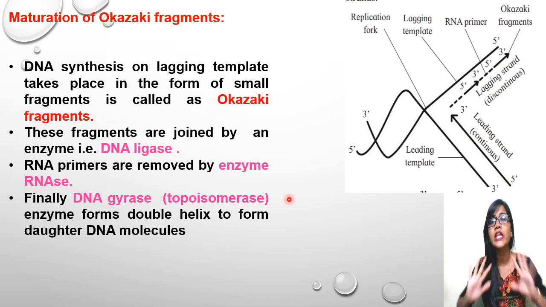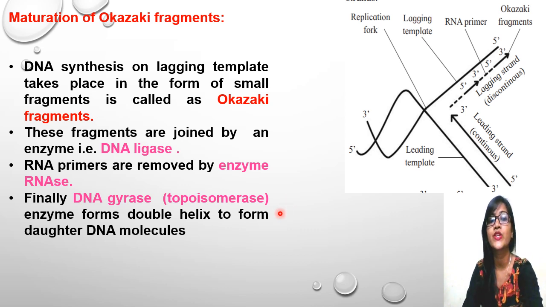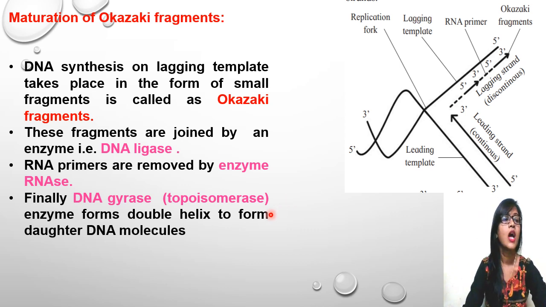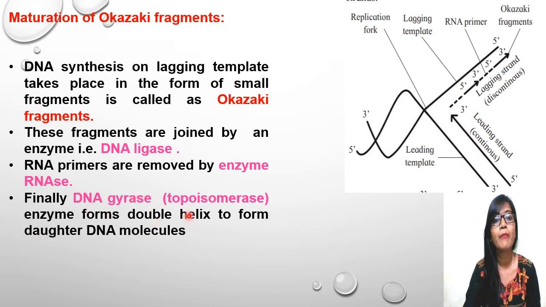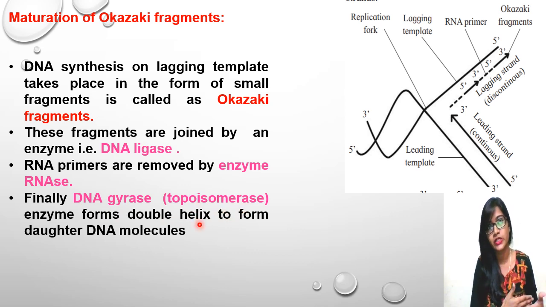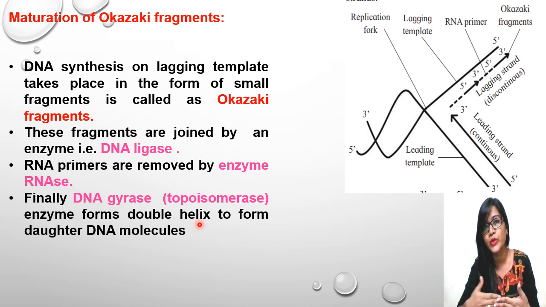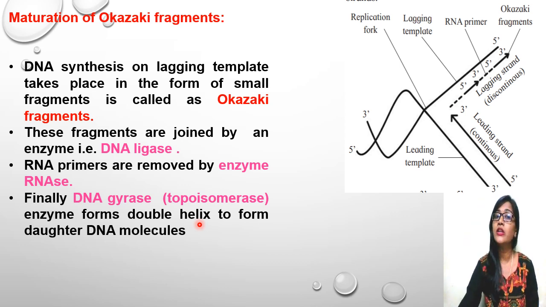So to release that strain, these topoisomerases or DNA gyrases are very important. Because of this group of enzymes, DNA replication occurs very smoothly, very continuously, without any disturbance.